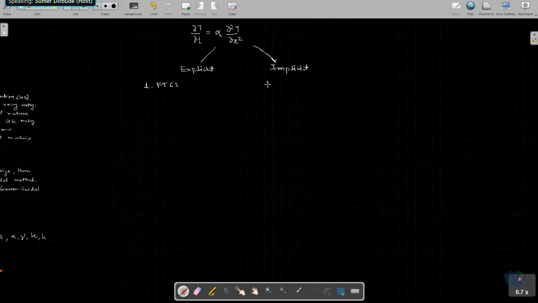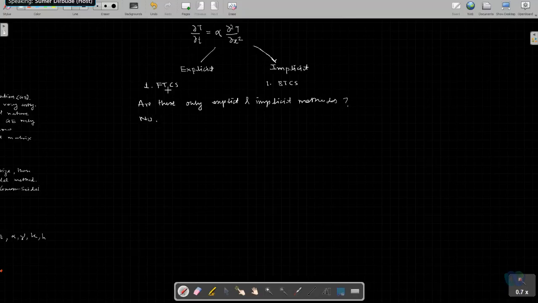The implicit method we discussed is called backward in time and central in space. But are these the only explicit and implicit methods? It appears that no.